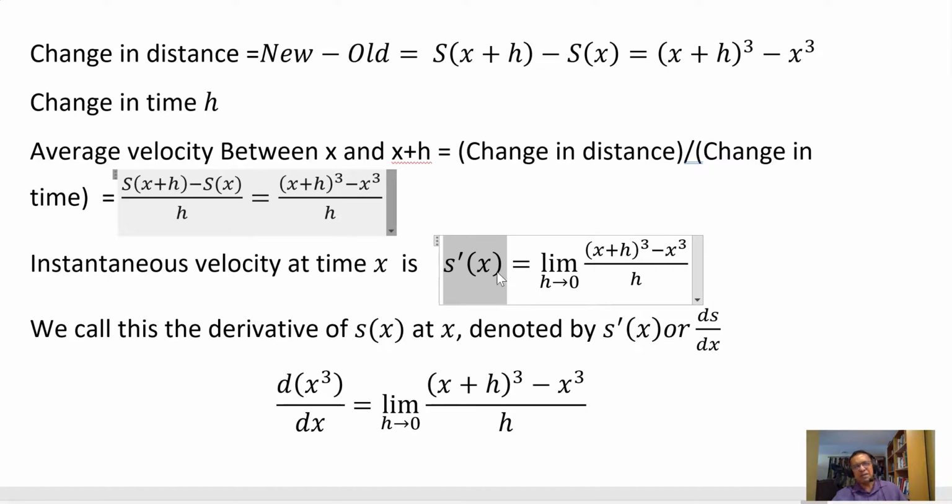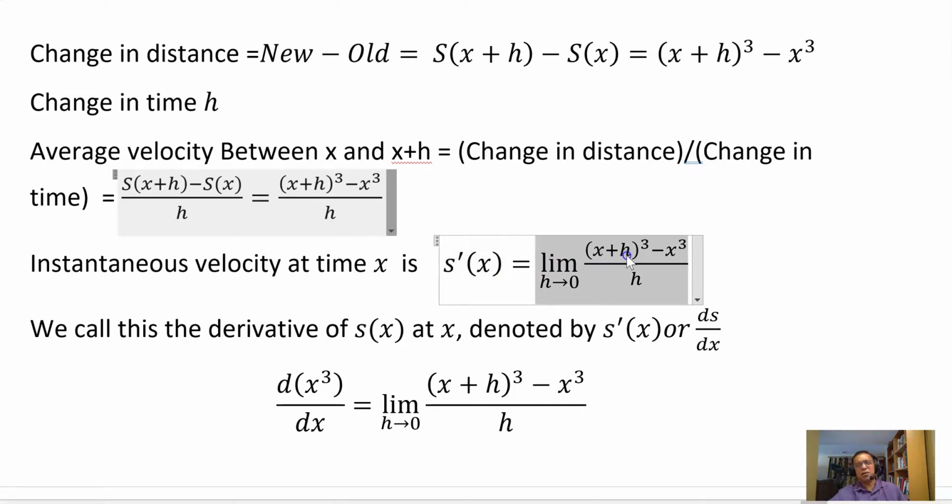Could be better, but still a lot of things can happen. So we need to make that time smaller and smaller, and we really need to make it limit to 0. So this limit is very important. It is the whole basis of calculus. This limit was found by Newton, and this is how calculus all began.